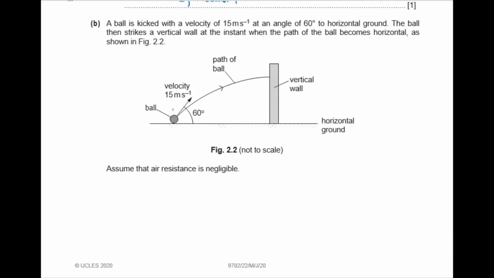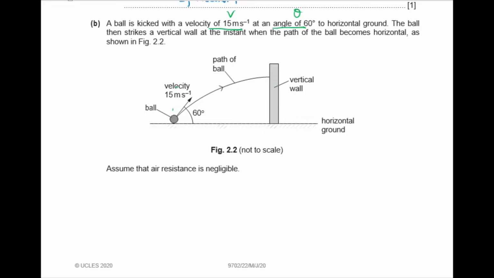2B, a ball is kicked with a velocity of 50 meter per second at an angle of 60 degree to the horizontal ground. So this is B, this is the angle. The ball then strikes a vertical wall at the instant when the path of the ball becomes horizontal as shown in figure 2.2. Assume that air resistance is negligible. Okay, this is projectile motion.